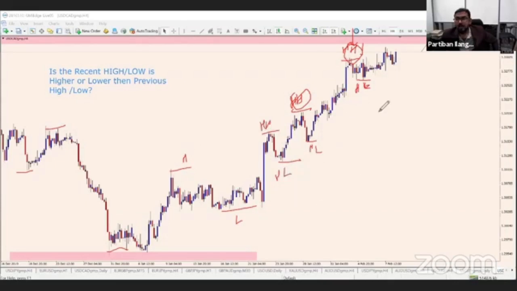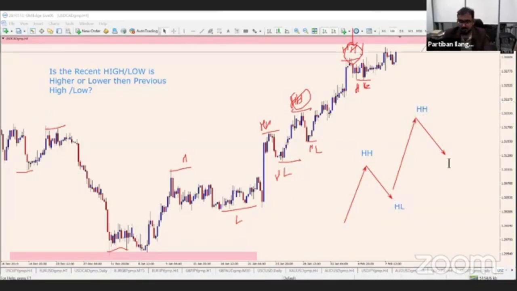So whenever you see 4 points like this, where the market creates higher high, higher high, higher low, higher low, this has a potential to go higher, almost 70%. It has a 70% chance to go higher. Okay, this is a very good chart example.